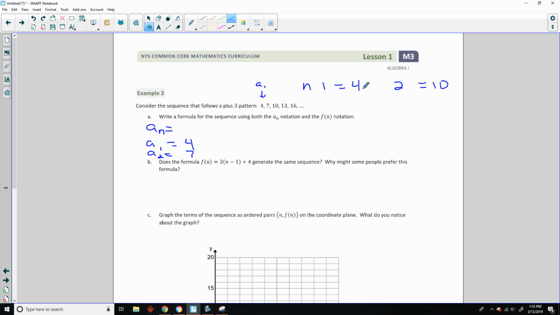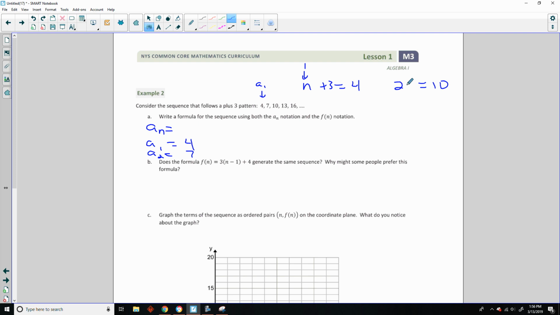So we're trying to figure out how to get n over here to a mathematical expression that will equal 4. So if n is 1, what do I do to 1 to get 4? Well, I can add 3, so I could try that. So I could say plus 3.